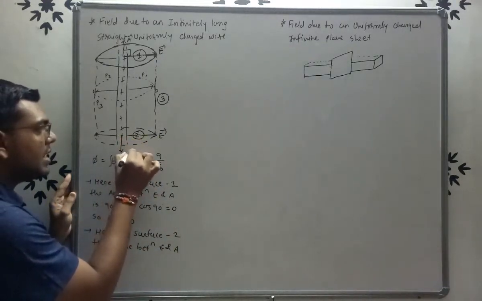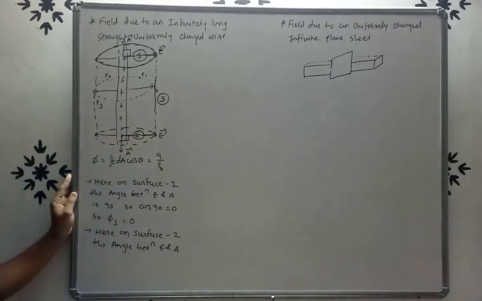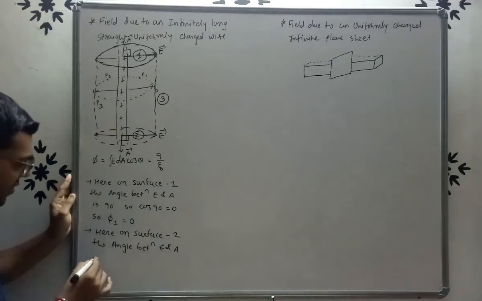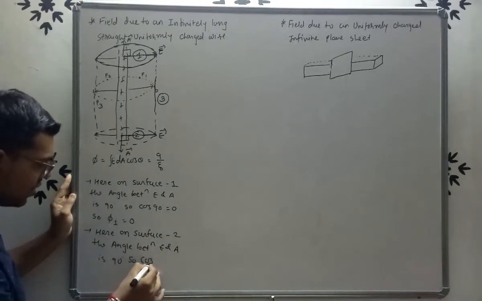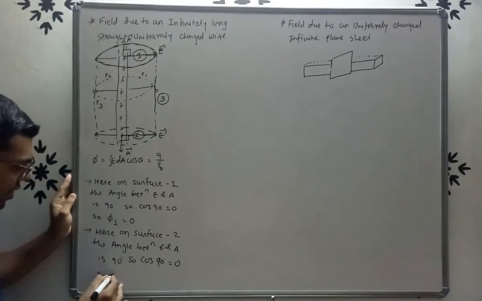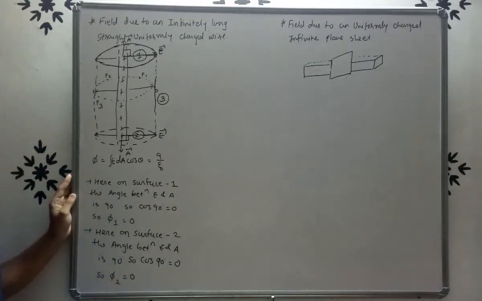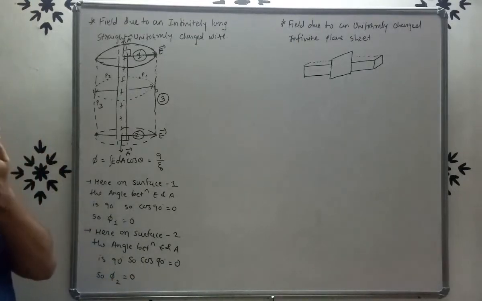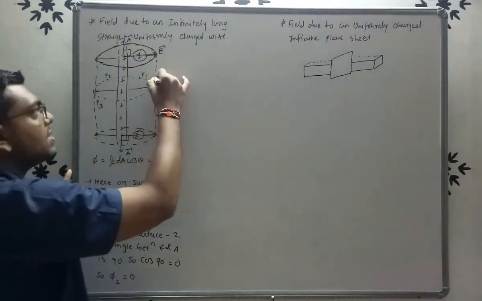So once again, the angle between E and A is 90, so cos 90 equals 0. So the flux on surface 2, phi 2, equals 0, right? Now on surface 3, right? This is surface 3.